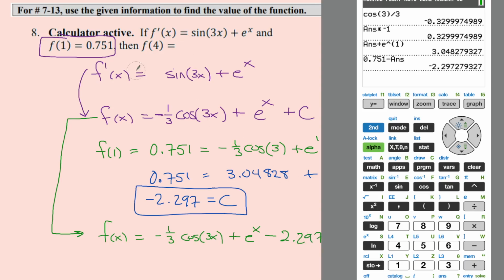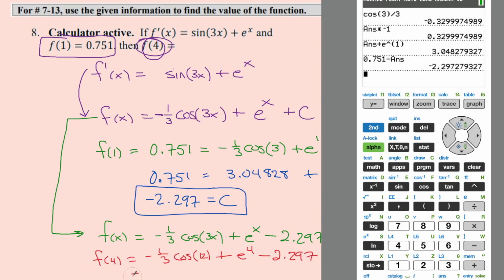Now again, the whole point of the question was to actually evaluate this thing at 4. So plugging in 4, trying to find f of 4, we would get negative 1/3 times the cosine of 12, so that's irrational and ugly, plus e to the 4, that's irrational and ugly, minus this value of c that we found, which was irrational and ugly, 2.297.